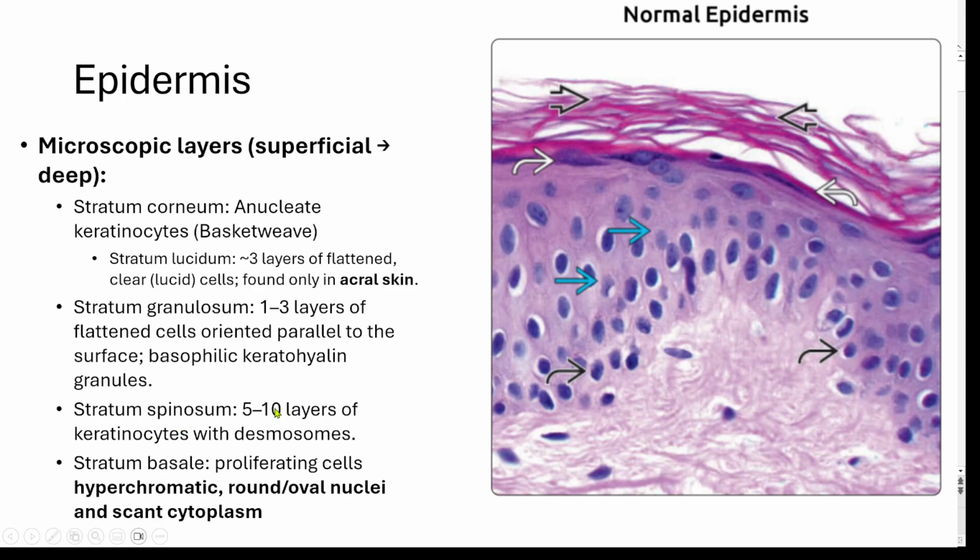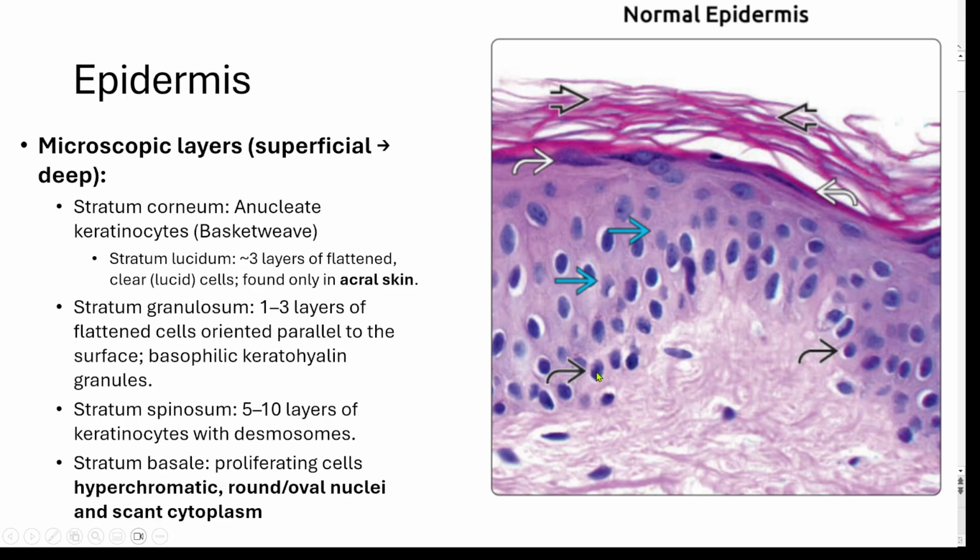Basically, there is a higher number of layers of this one, with desmosomes between them. We'll see that later. Then the stratum basale is the lowermost layer attached to the basement membrane, which is then attached to the papillary dermis.